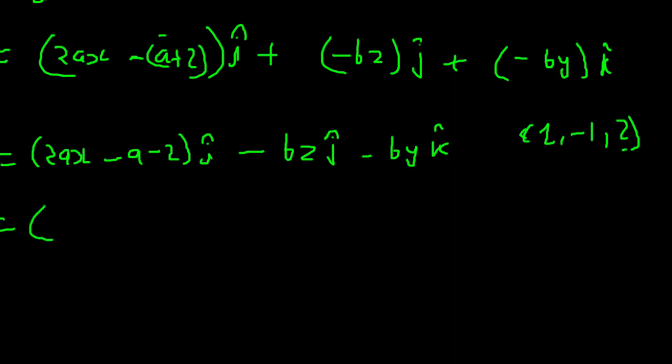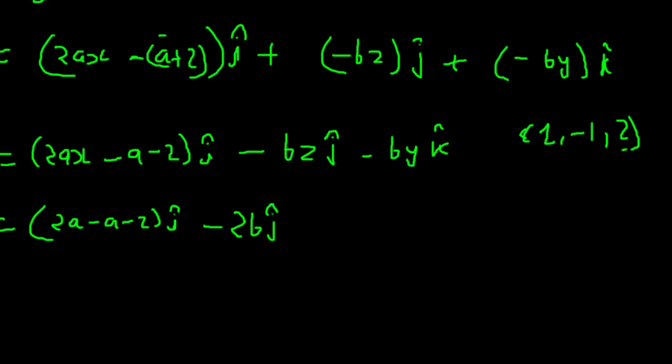So for x, when we put 1, we'll get 2a minus 2 i cap. For y, when we put minus 1, we'll get plus bz j, and for z, I'm really sorry, when we put 2, we'll get minus 2b j cap.